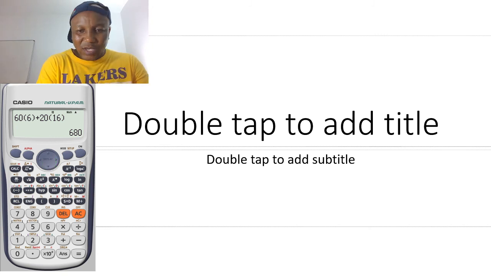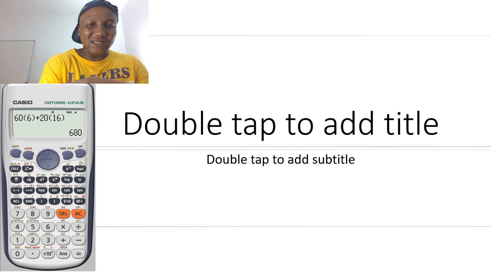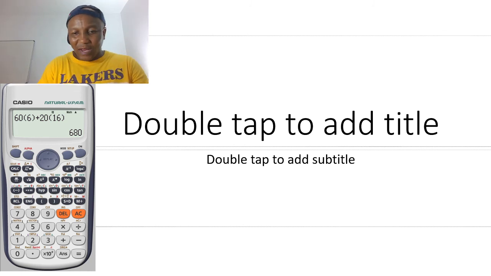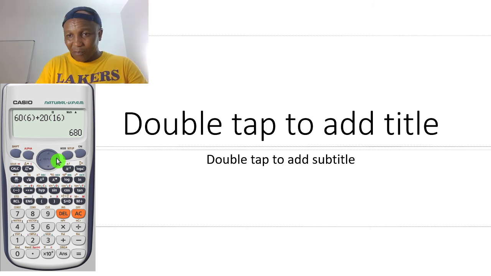It's supposed to be 6, 16. So if you plug 6, it's going to be okay. Let's change here. The answer is going to be the same. Only the last one I made an error in typing.